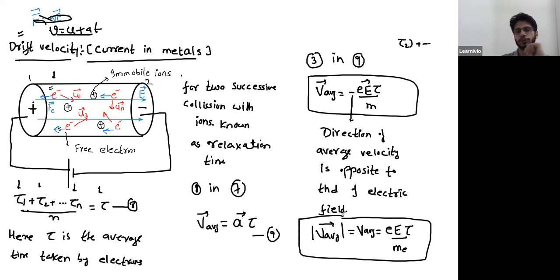Is it clear? Whenever you connect a conductor like a copper wire with a cell or a battery, the average velocity with which electrons travel in that wire is known as V average.